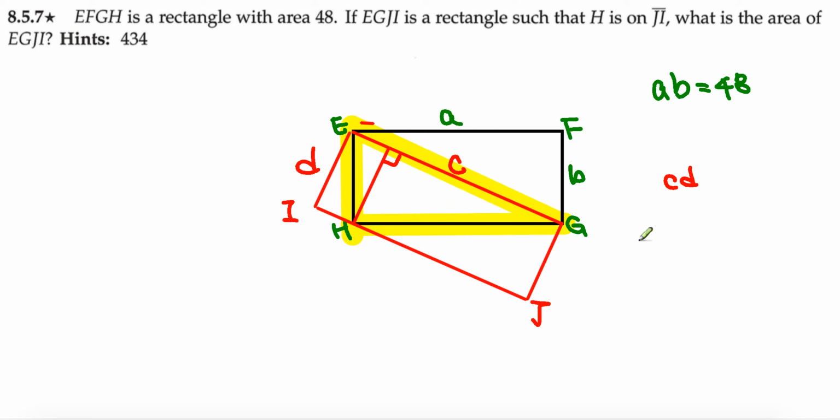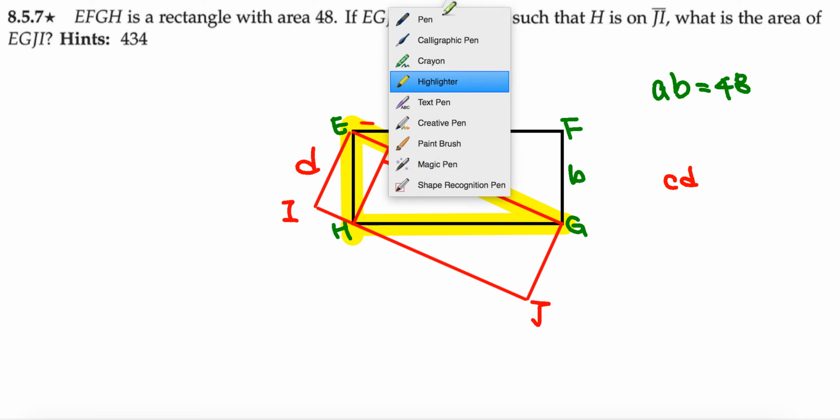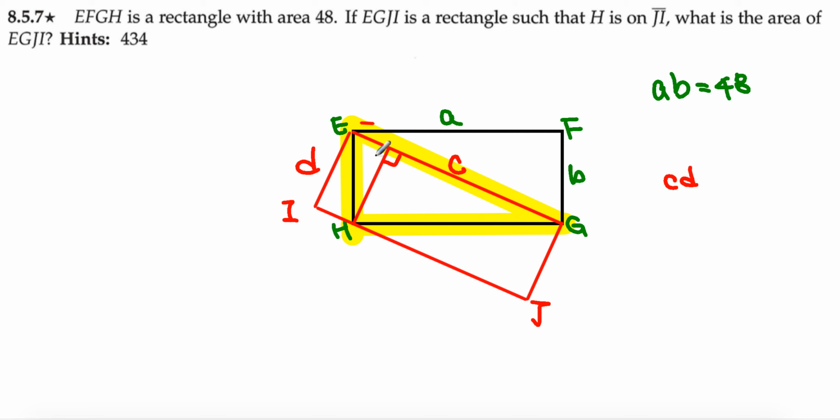So if you look at the yellow triangle, we get to see something quite interesting. How do you find the area of the yellow triangle? If C is the base, then this line segment will be the height, which is the same as D. So 1/2 C times D, because C is the base and D is the height, because it's perpendicular. That should be the area of the yellow triangle.